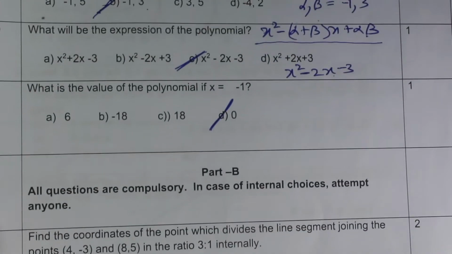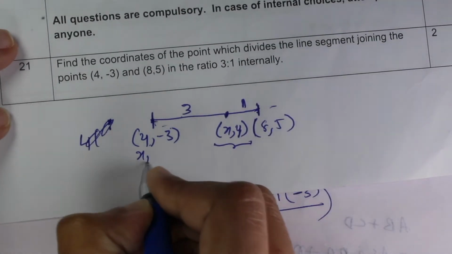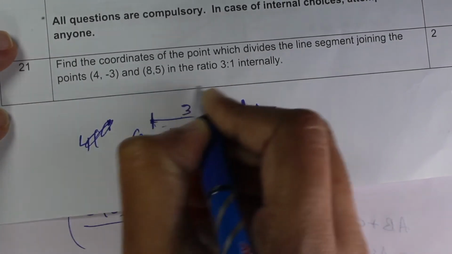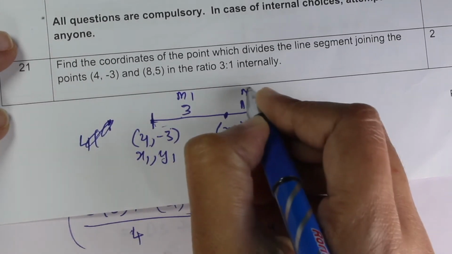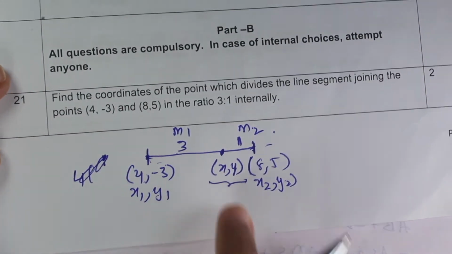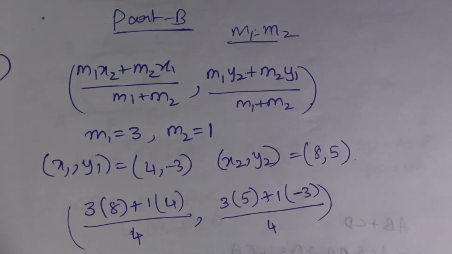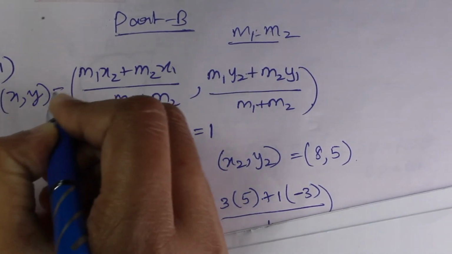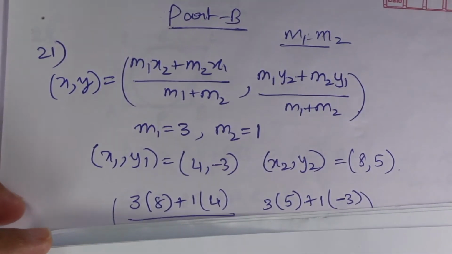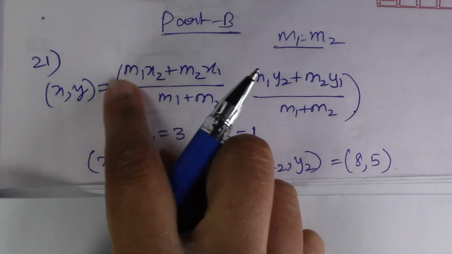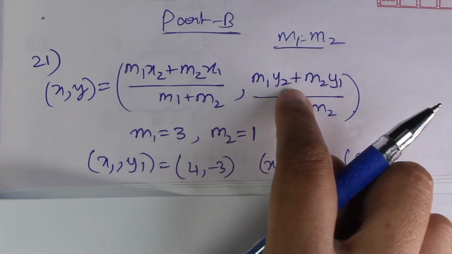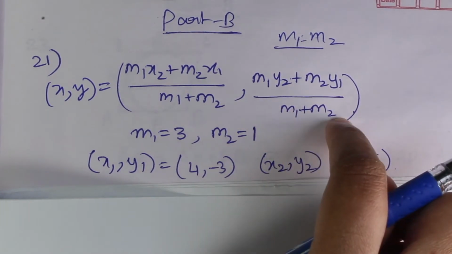The formula is, if we assume this to be x1, y1 and x2, y2 and this one as m1 and m2, then the coordinates of x, y become (m1 x2 plus m2 x1) divided by (m1 plus m2), (m1 y2 plus m2 y1) divided by (m1 plus m2).